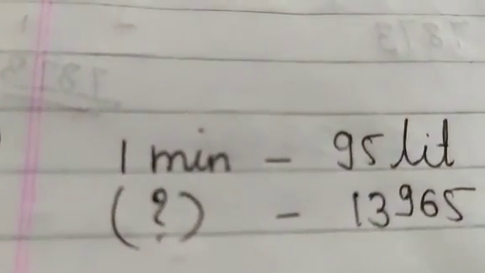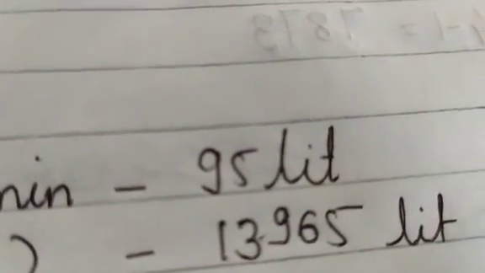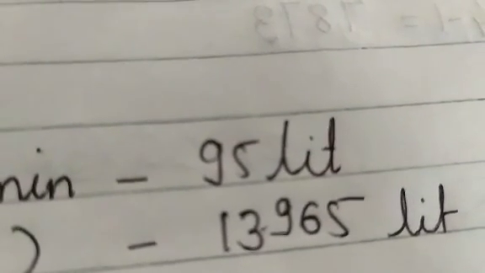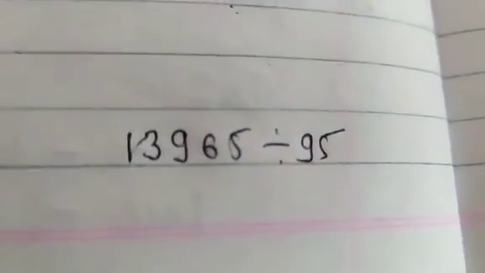In 1 minute it draws 95 liters, and we have to find how many minutes are required for 13,965 liters. So you have to divide 13,965 by 95. We divide it.